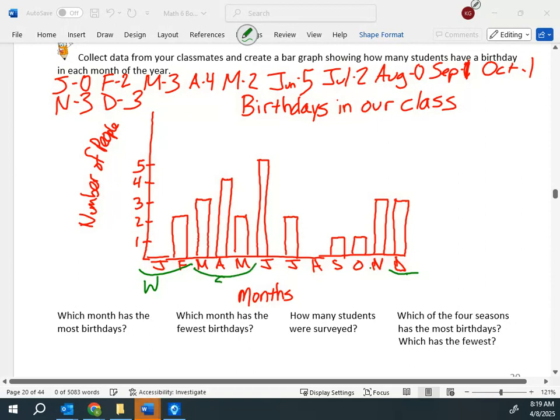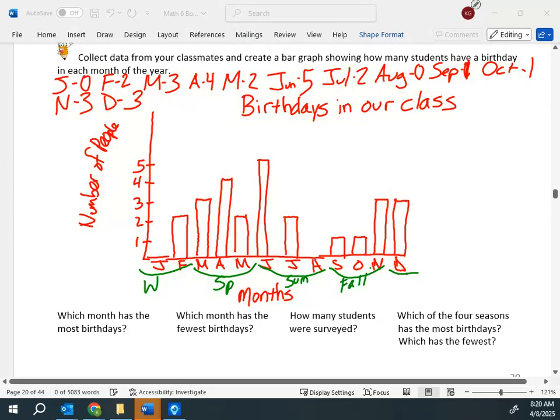March to May is spring. June to August is summer. And September to November is fall. So those are the months that fall in each of those seasons. You're gonna have to answer that question, which of the seasons has the most birthdays?